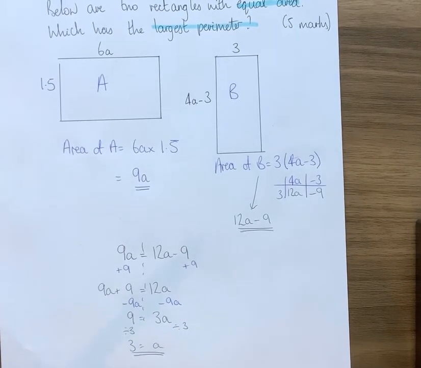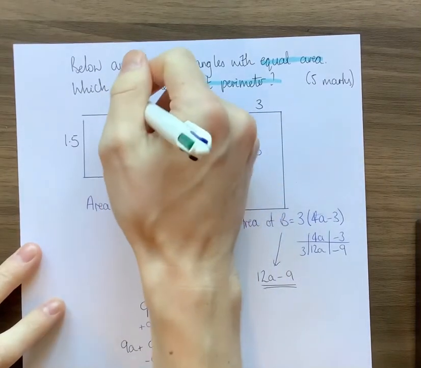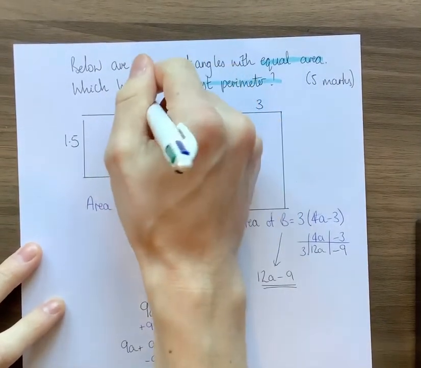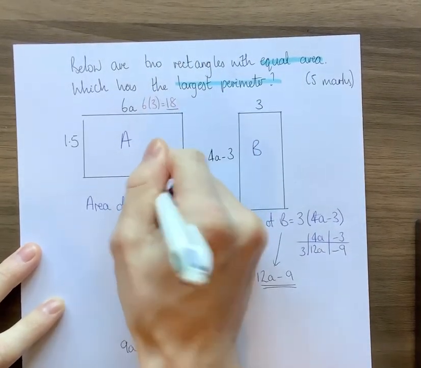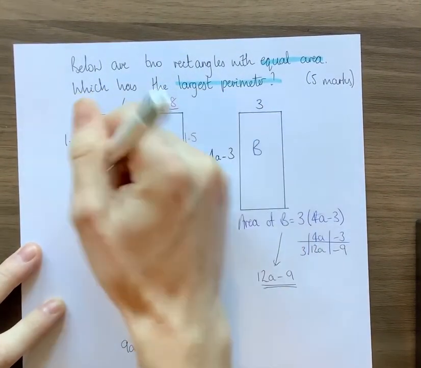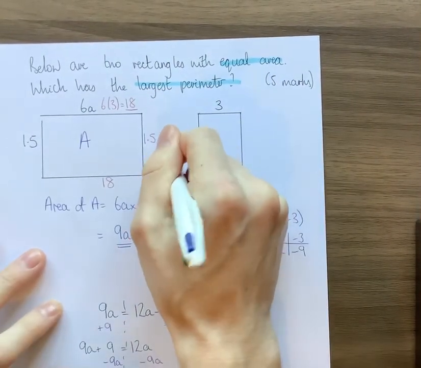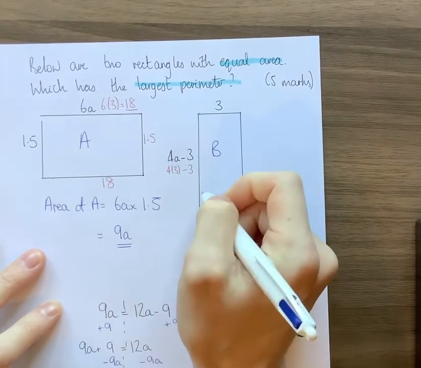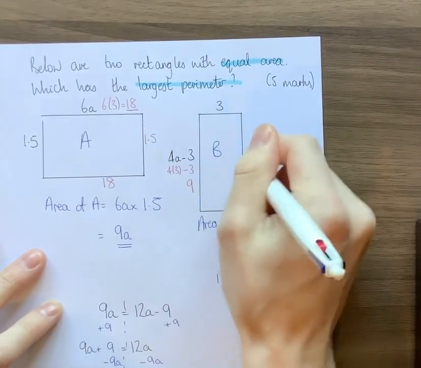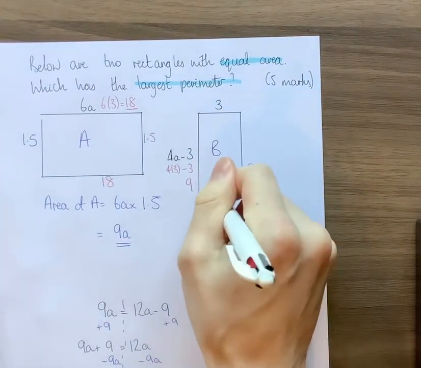Now again, I need to work out the perimeter, so I'm going to go back up to that original question, back up to those shapes, and use the diagram to help me. So if a is 3, 6a would be 6 times 3, which is 18. So that length's 18, that length's 18, and both of the heights are 1.5. Again, a is 3, so 4 times 3, minus 3, so 4 times 3 is 12, minus 3 is 9, so the height there is 9, the height there is 9, and then the width must be 3 here.